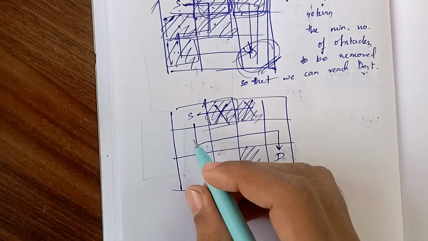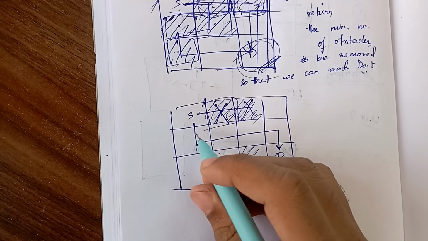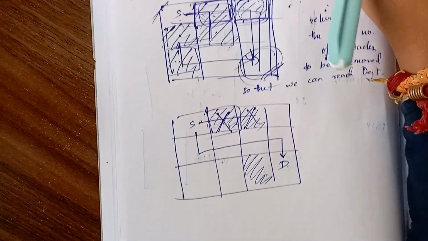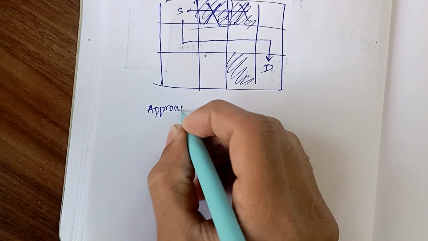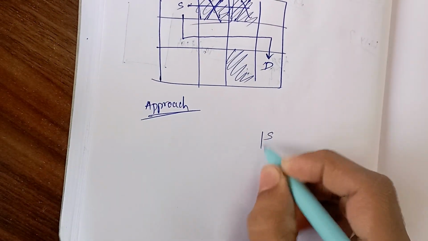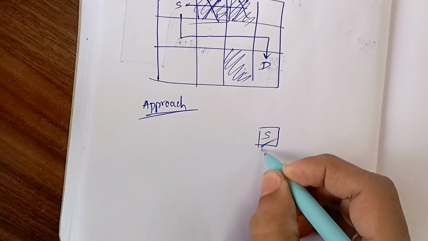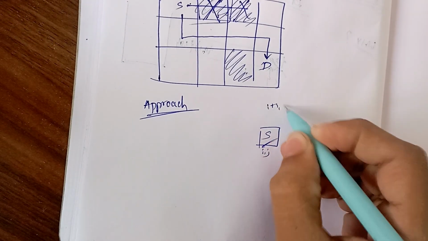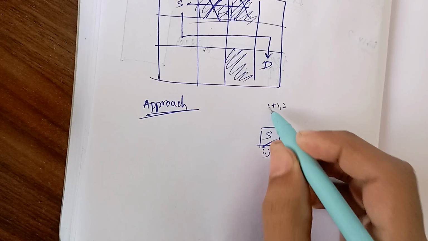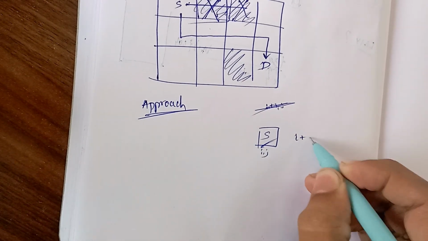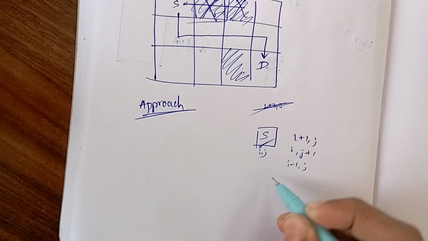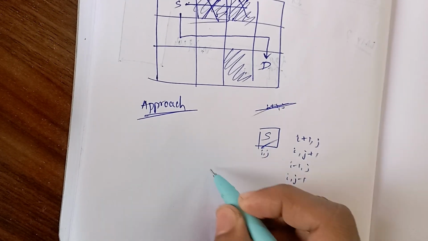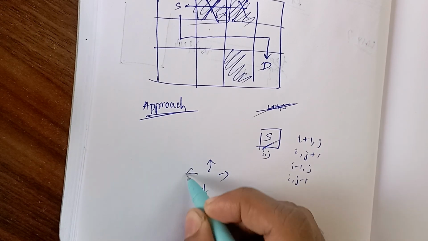That means, how can we approach this problem? What is the approach for this? When we are at a node, let us say it is i comma j, we can go to i plus 1 comma j, i comma j plus 1, i minus 1 comma j, i comma j minus 1. That means up, right, down, and left.